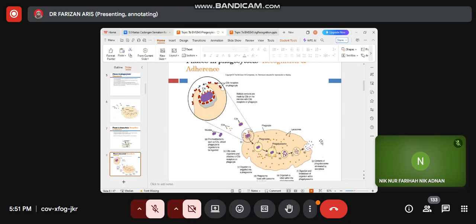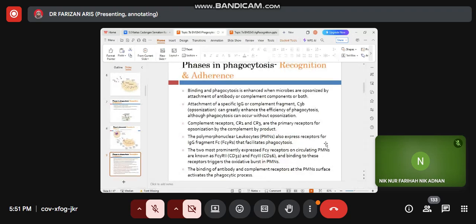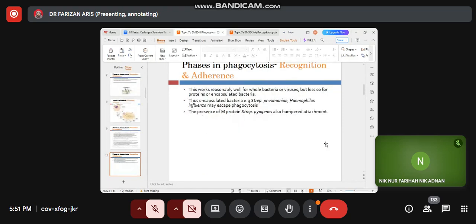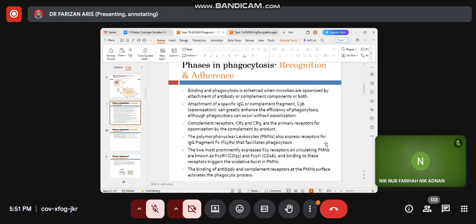So when we discuss them in the context of immune response, I'm not going to go into details on each of the receptors on the phagocyte surfaces because we've discussed this before. Here, Fc receptors, C3b receptor, right? These are examples of receptors that could be present on the surface of the phagocytes.